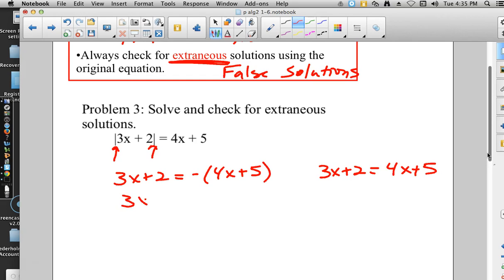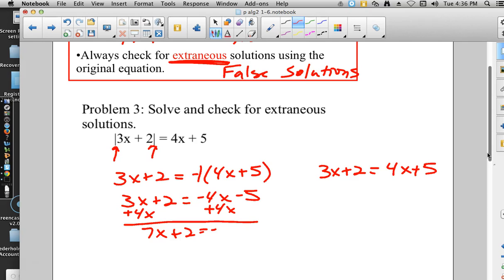So on the left we have 3x plus 2. We have to distribute the negative. It's like a negative 1 times everything, or you can think of it as the opposite of everything in the parentheses. Whatever works for you. And then we say, well, we got to get the x's together. I'm going to go ahead and add the smaller of the 2 to both sides to keep my x positive, like some of you are always taught to do.